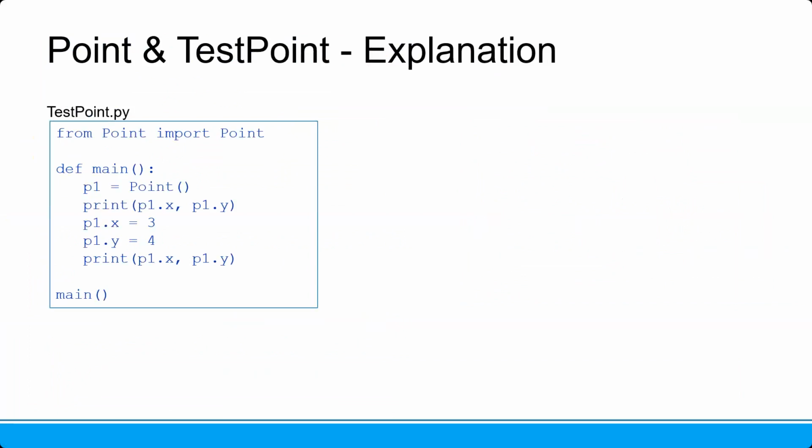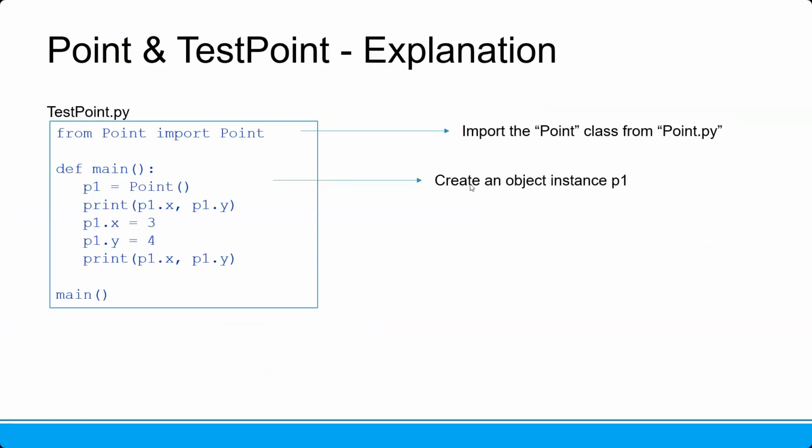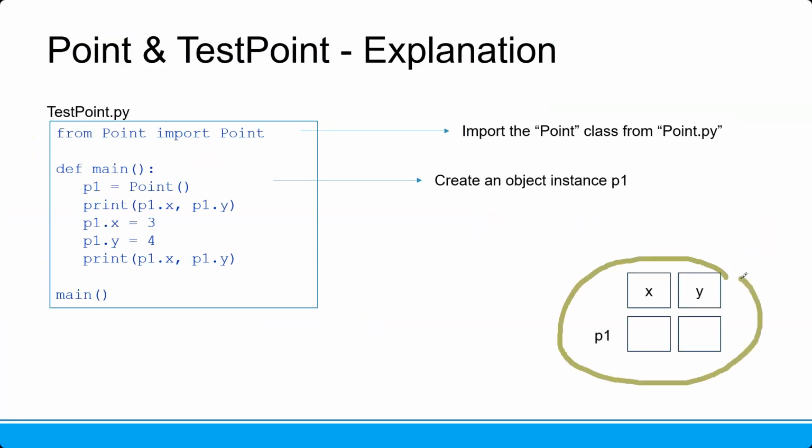As you already saw on the example, we want to import the point class from the point.py. And then this statement is to create an object instance p1, and this will be created in Python.